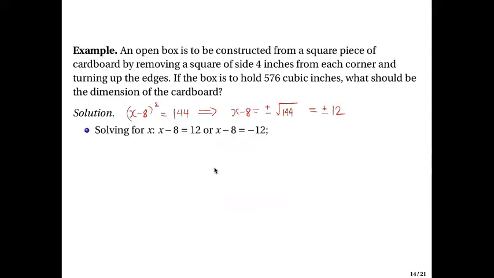So finishing this, your x equals 20 or x equals negative 4. You put your 8 to the right-hand side, so you will have x equals 12 plus 8, that's 20. Here you put the 8 on the right-hand side, you will have minus 12 plus 8, that's your minus 4.